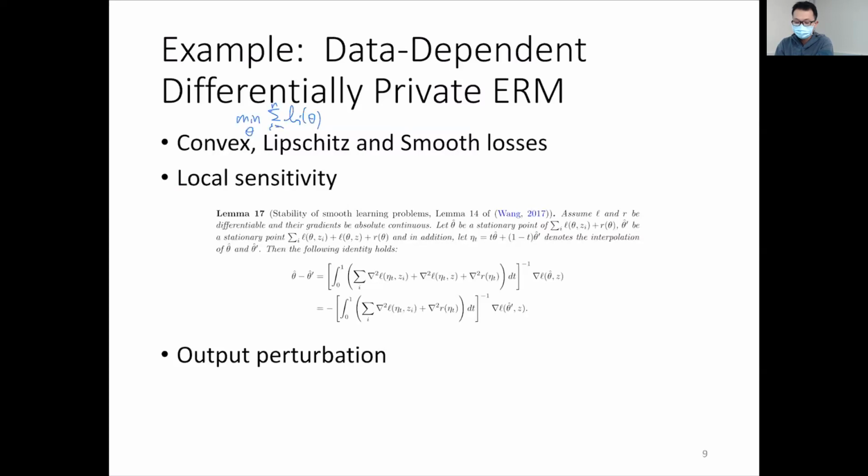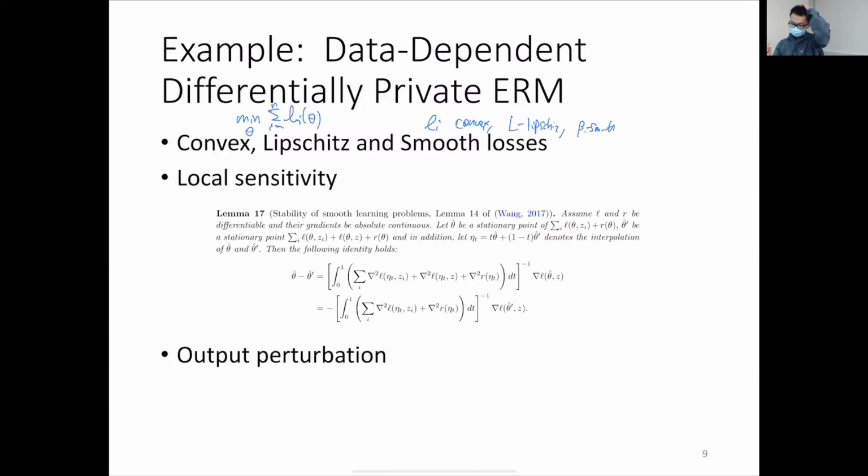So adding or removing data points corresponds to adding or removing individual loss functions, and we assume that these loss functions are convex and L-Lipschitz, and say beta smooth.